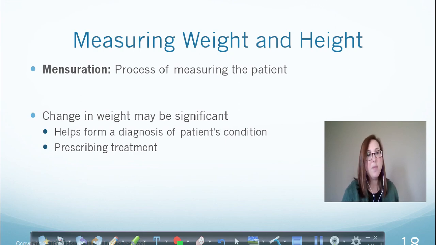Mensuration, that's the process of measuring the patient's height or their height and weight. A change in weight might be significant. It can help form a diagnosis of a condition. It can be helpful in prescribing treatment. Patients can refuse their weight, and it's important to document that if they do.